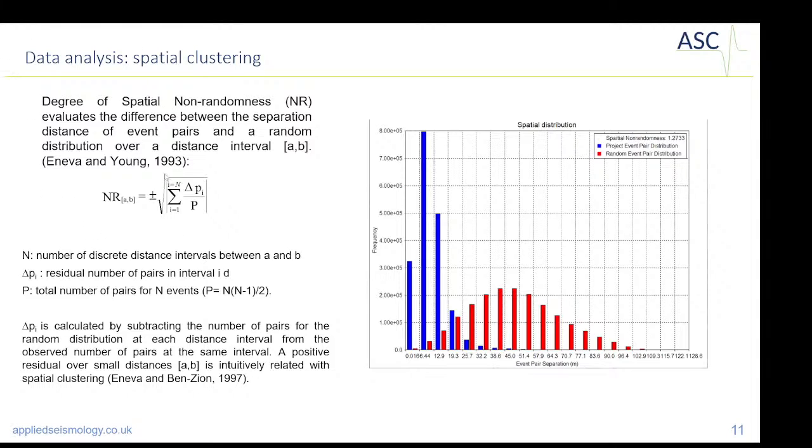The degree of spatial non-randomness is calculated like this: it compares a random distribution of points within the same volume with the distribution of events that we have in that volume. The difference between these two populations is the residual that we have here, and by normalizing that by the total number of pairs in our seismic catalog, we come up with a number.